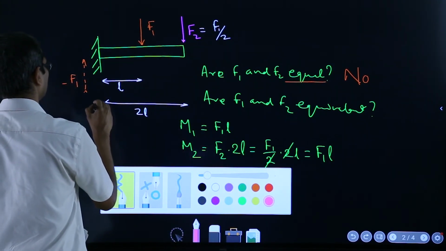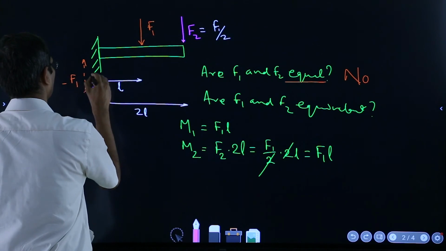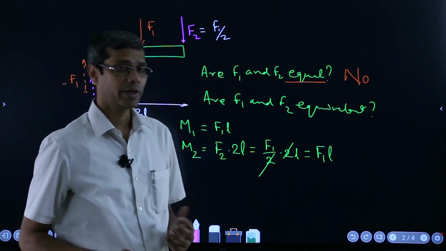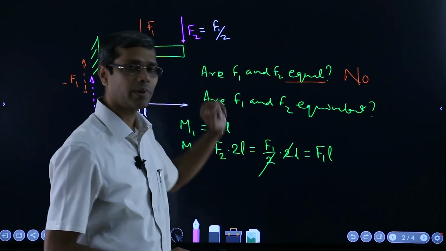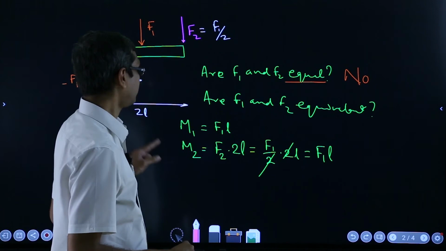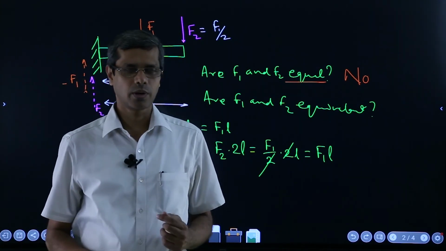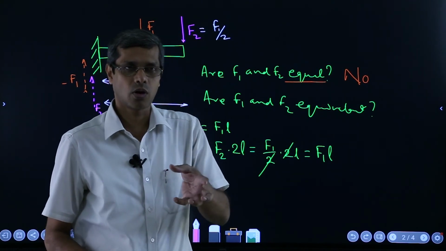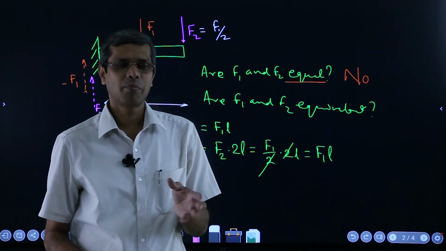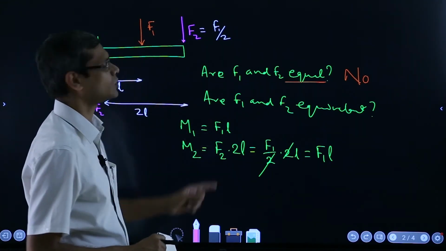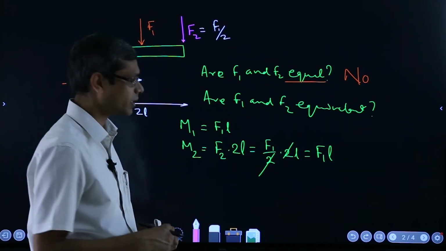F2 magnitude, F2. So the reactions will be different based on whether F1 is applied or F2 is applied. So that means if the effect which you are bothered about is the reaction force and not the moment or the twisting effort, but the pushing effort, if that is so, then these two are not equivalent.